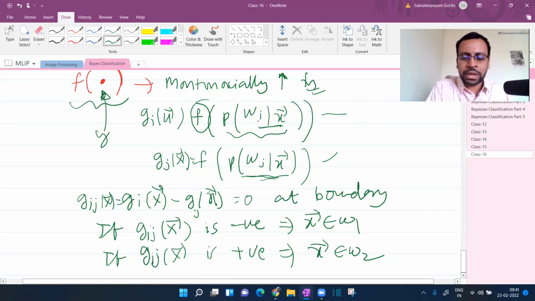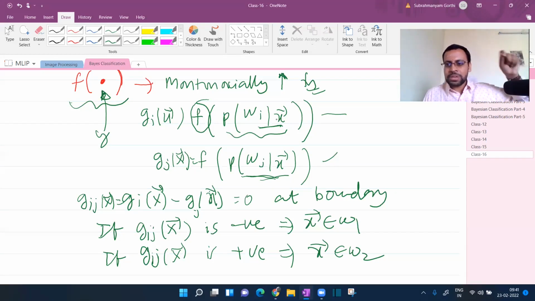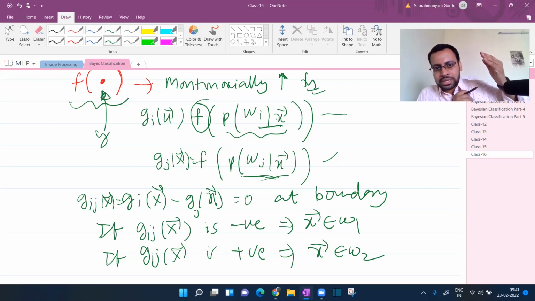So if your probability of omega i given x bar is more than probability of omega j given x bar, obviously gi of x will be more than gj of x bar. So if the difference is positive, the difference of the g functions will also be positive, and vice versa. So instead of directly computing the probabilities, you would use a function on them. Why a function? You will gradually realize that. We will come to that a little later.